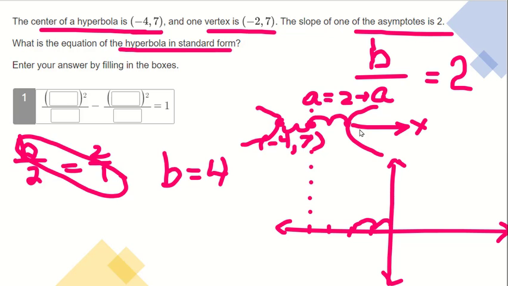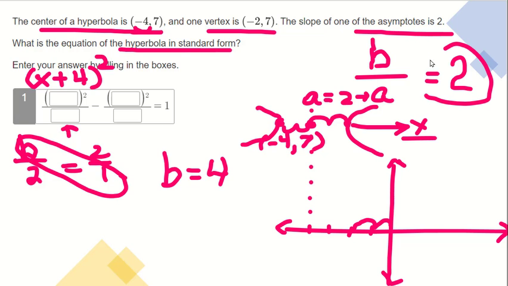It's opening up in the direction of, we saw that by just sketching a graph, the x-axis. So we're going to start with x, and it's going to be x minus -4. So that's going to be x plus 4 squared over a squared is going to go here.